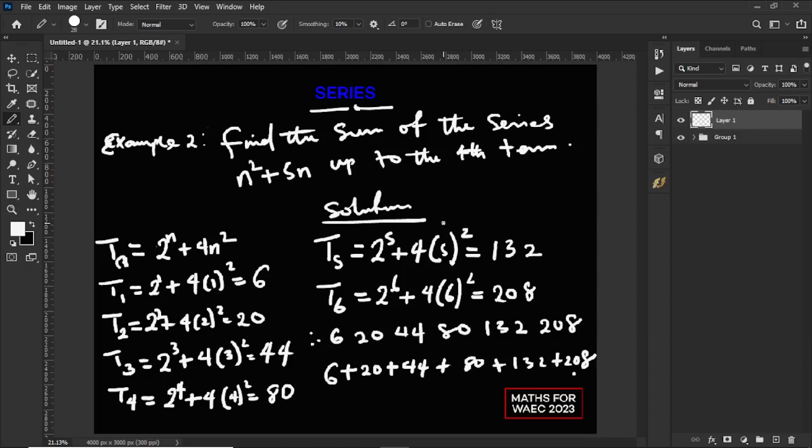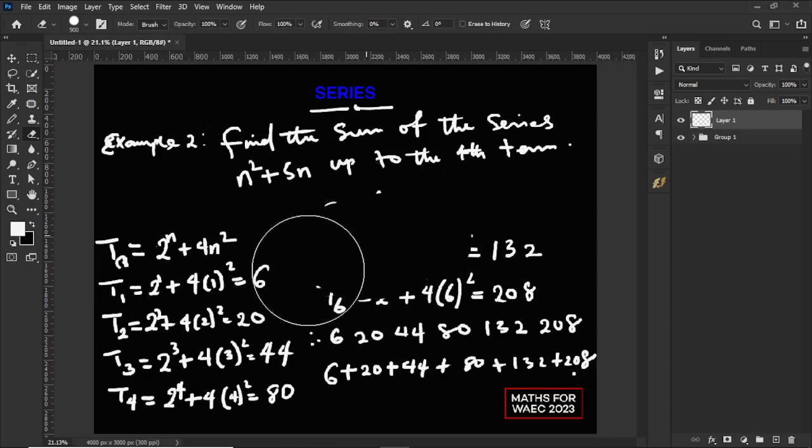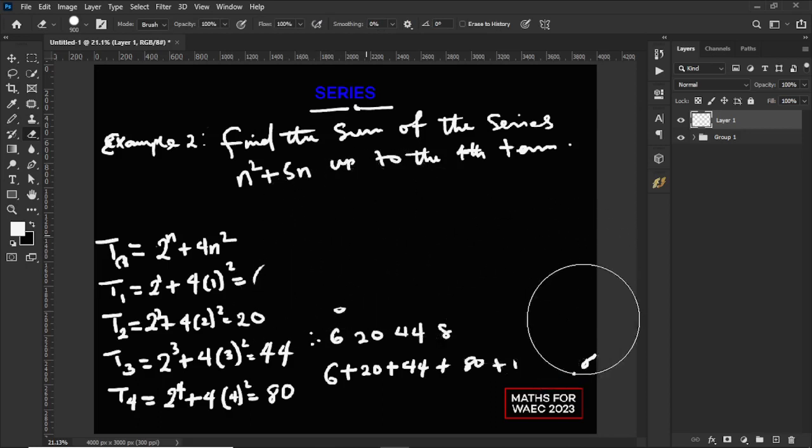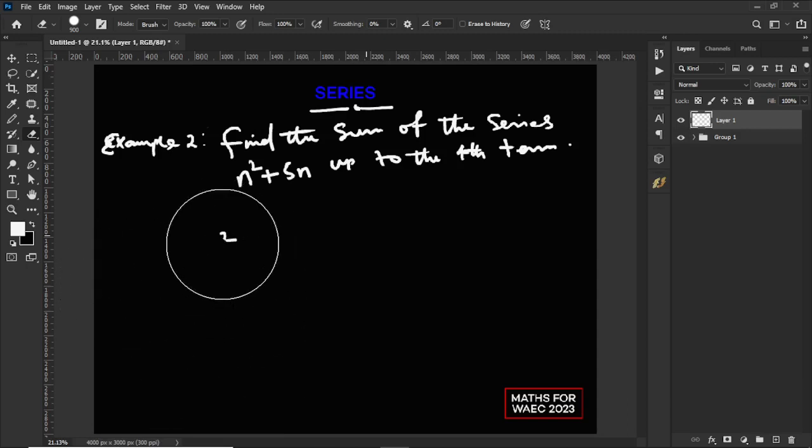All right, so let's go to the next question now, which is question number 2, where we are asked to find the sum of the series n squared plus 5n up to the fourth term.